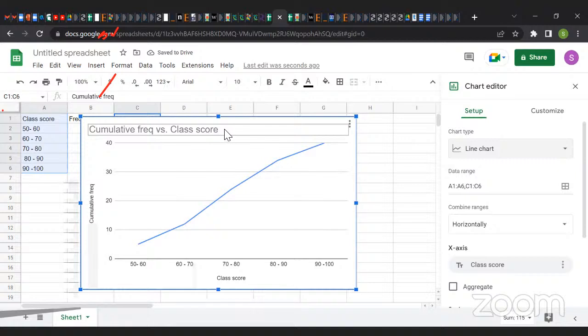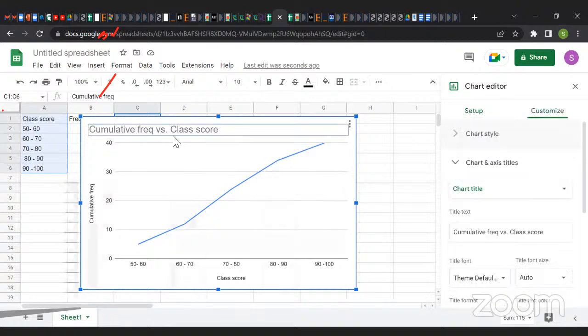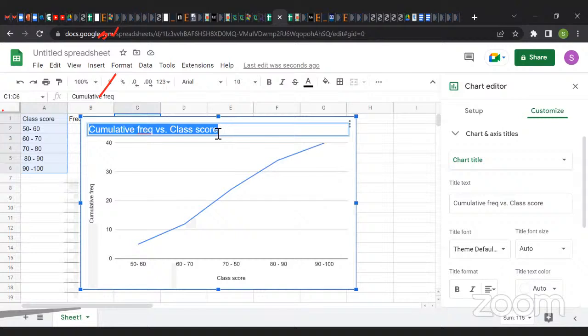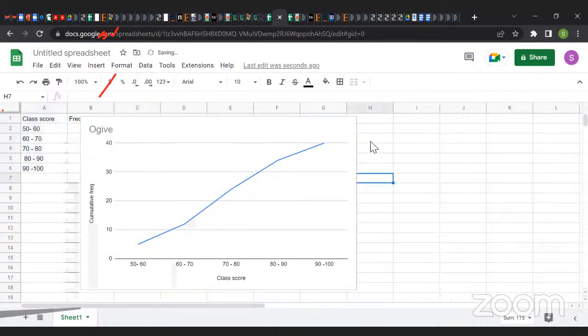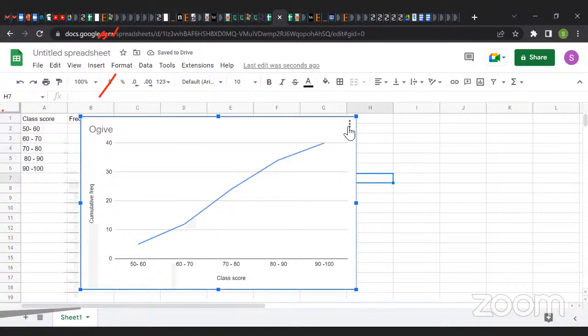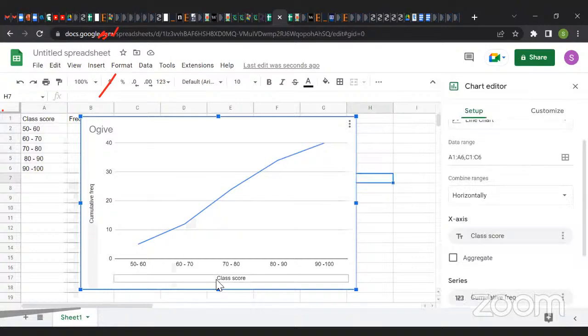And as Isra mentioned before, I can change the title of the chart. So it will be cumulative frequency chart, or I can just put it as ogive chart. Okay, that's all about the ogive chart. And as Isra mentioned before, you can edit if you want to change the x-axis name.